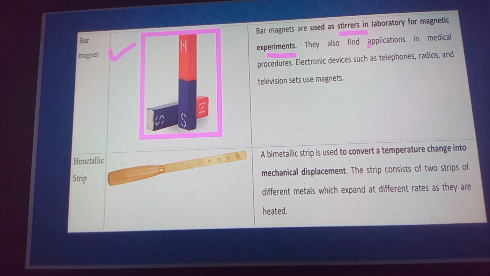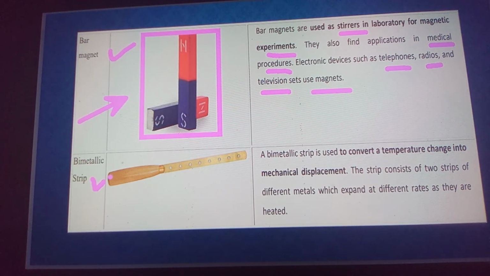They also find applications in medical procedures. Electronic devices such as telephones, radios, and television sets use magnets. So these are very important tools which are used in electronic devices.